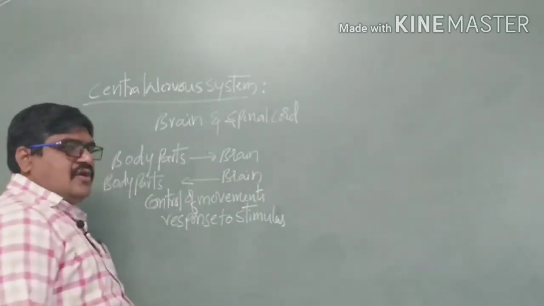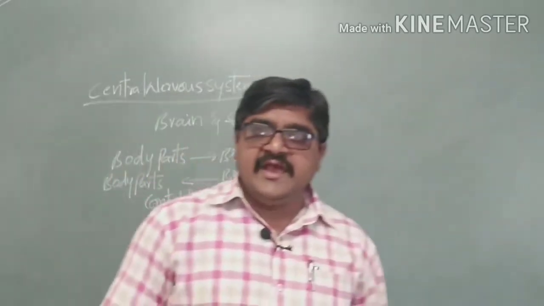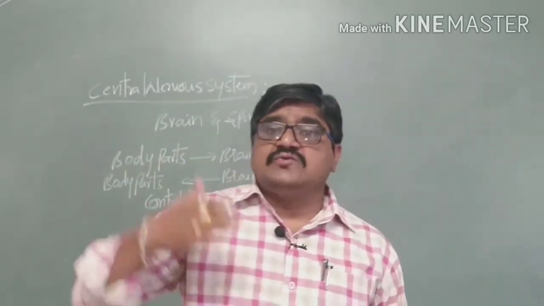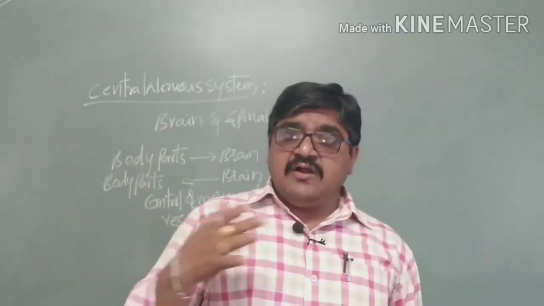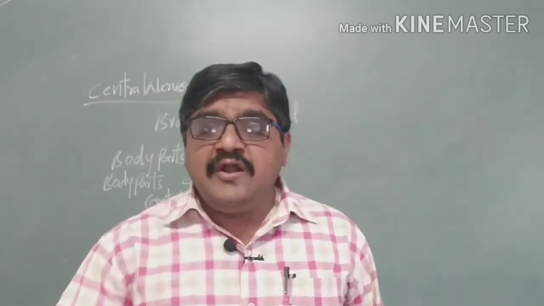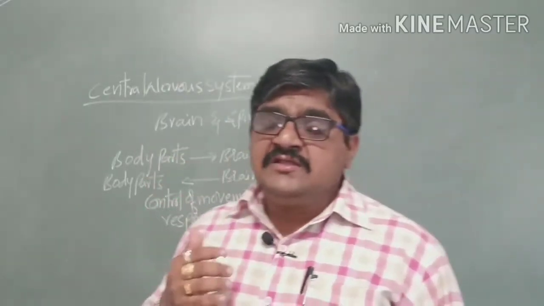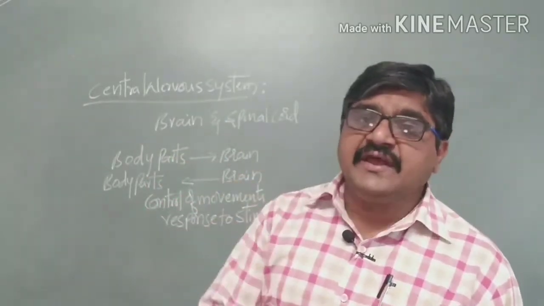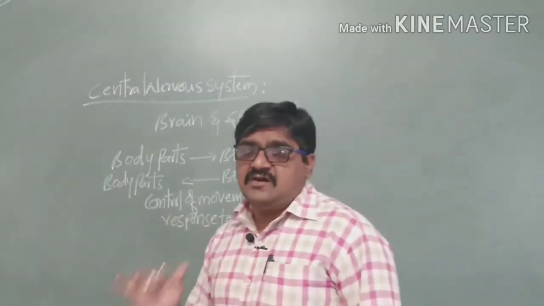So the central nervous system controls the movements of the body, from body parts to the brain and from the brain to the body parts. It is helpful for the control and coordination of the organism.